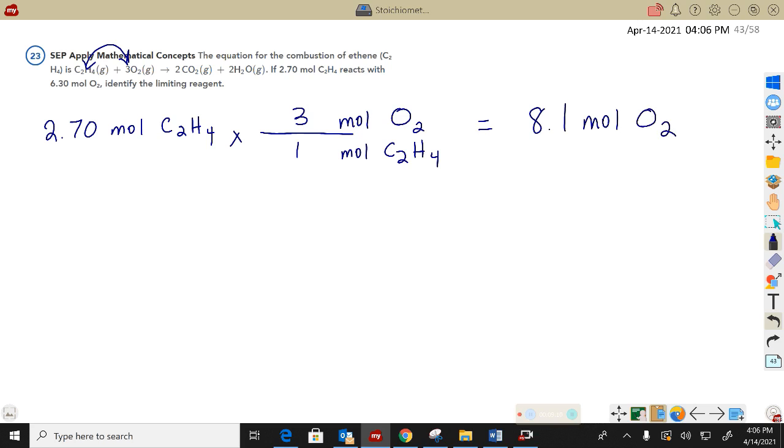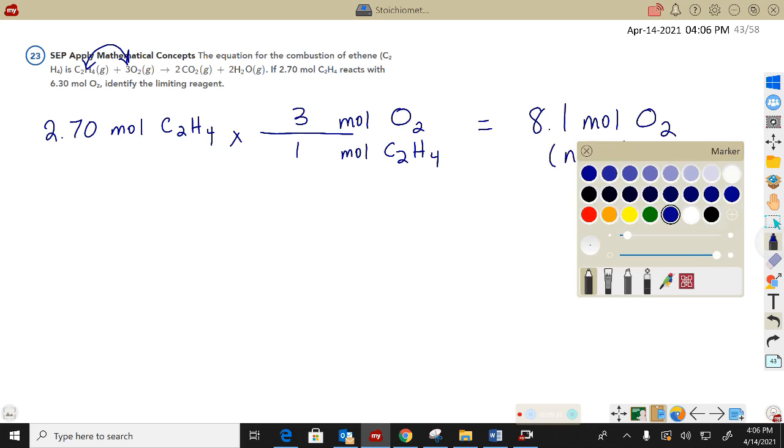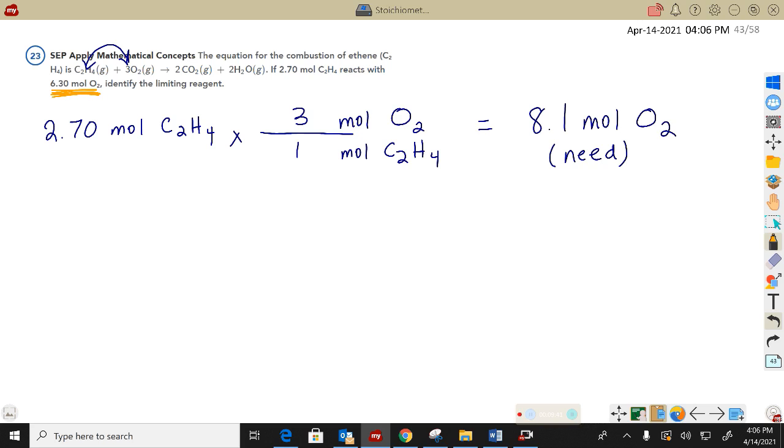And for as many of these as I've solved in my lifetime, I always still write it in to remind myself that what I calculate here, that's what I need. If I want to react 2.7 moles of the ethene, I need 3 times as much oxygen. I need 8.1 moles of oxygen. Well, then I go back up to what I have. These amounts are what I have.